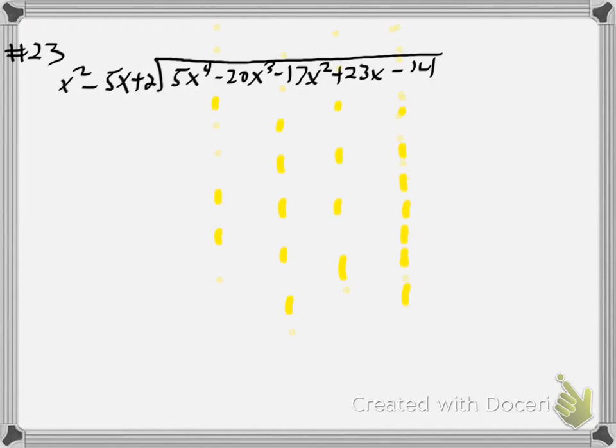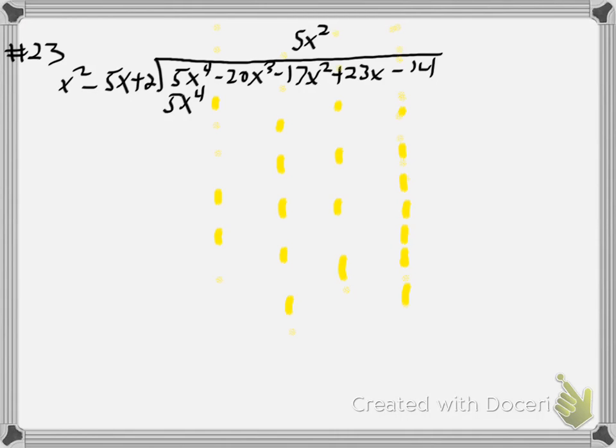So let's go ahead and do this. So I need to know x squared times what gives me 5x to the fourth. Well, that's going to be 5x squared, so that gives me 5x to the fourth.